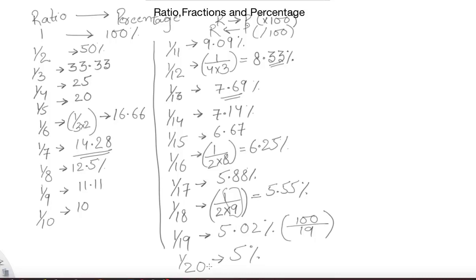We need to be very familiar with these numbers, let it be 9.09 or 8.33, 7.69 or whatever. We'll be using these numbers frequently throughout the DI sections and the arithmetic section in quants, and with time and practice you'll be able to remember, or you'll have to remember, these numbers. It's very easy and you can find them out. Now let's look at finding the percentages of a given ratio that we can derive from this.